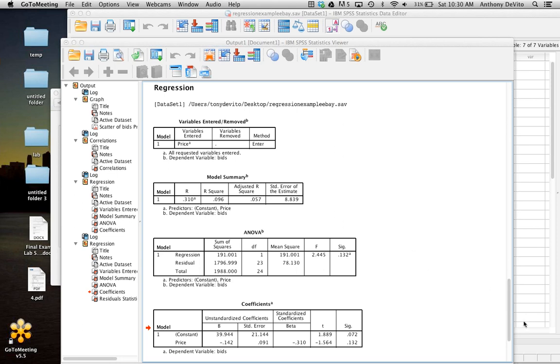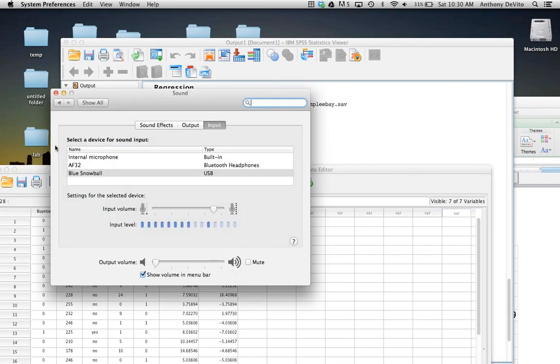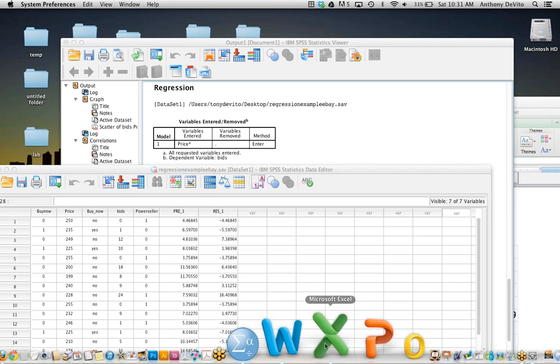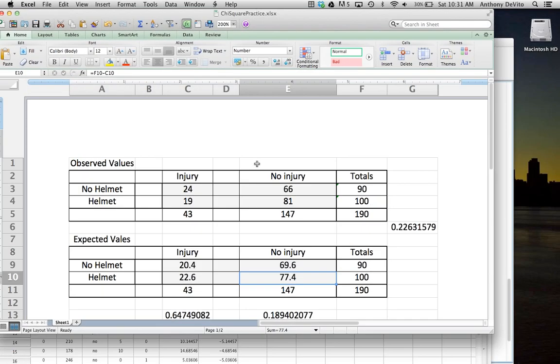The answer to the question, what should be greater than 5, is that if I look at my chi-square values, let me get to Excel. If I look at my tables, my observed values and my expected values that I used to calculate chi-square, I need my expected values to always be greater than 5.